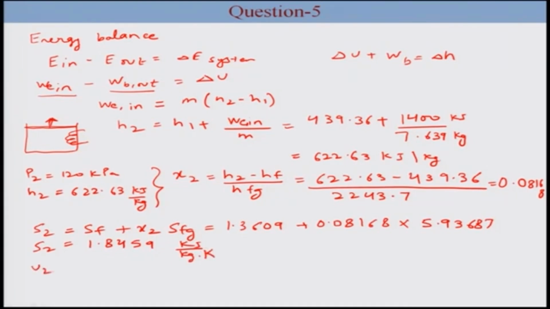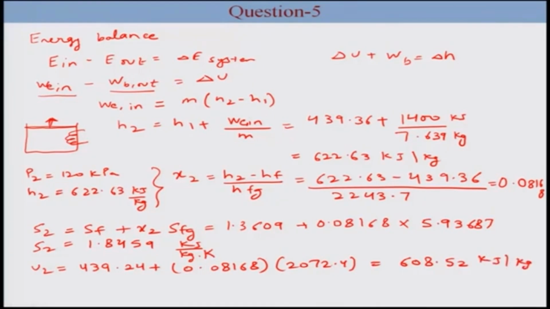Similarly, U2 is equal to Uf plus x2 times Ufg, which is 2072.4. So this is equal to 608.52 kilojoule per kg.